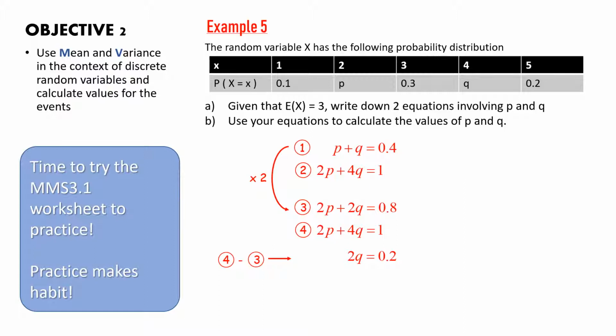That gives me q is equal to 0.1. And if p plus q is equal to 0.4 and q is 0.1, then p plus 0.1 is equal to 0.4, and I get that p is equal to 0.3. And I can put those in. And there are my values for p and q.